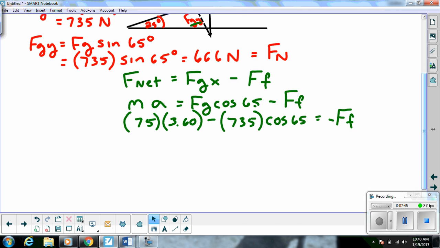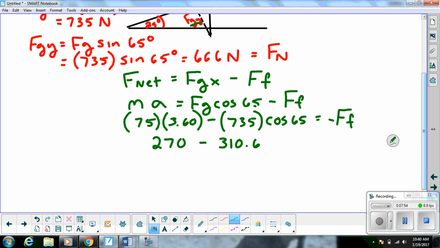Doing this math, I get 270 minus 310.6, and I'm going to round to 2 sig figs at the very end. So my frictional force is going to be 41 newtons.